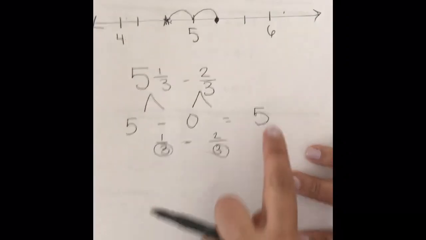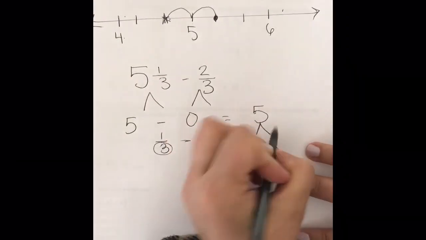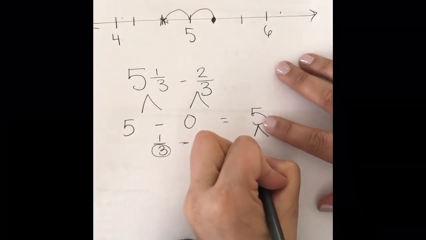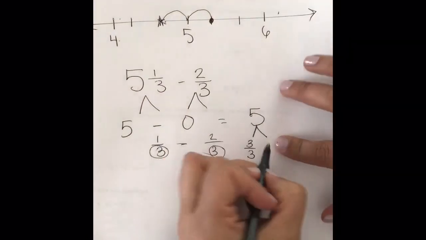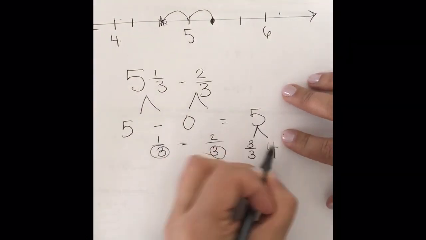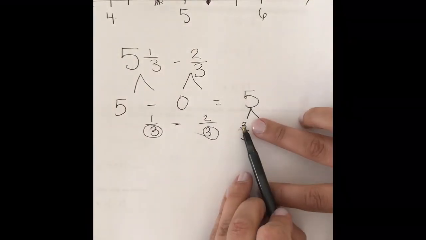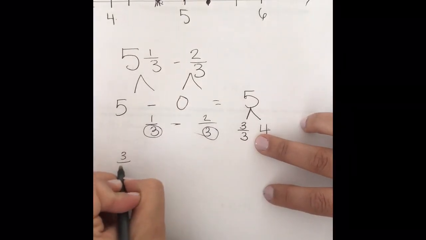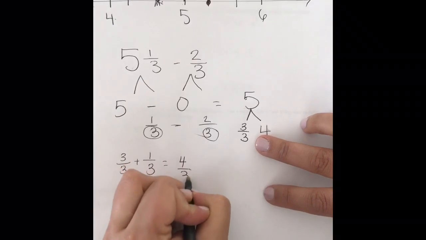So what we'd have to do is decompose this 5, meaning I would take 1 whole away. Another way to write 1 whole is 3/3, and then we would have 4 left over. We would have 4 and 3/3. So I could add this 3/3 to 1/3. 3/3 plus 1/3 is 4/3.